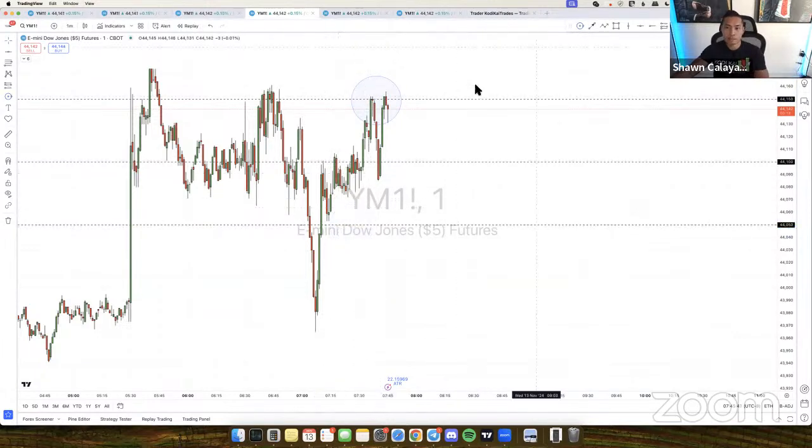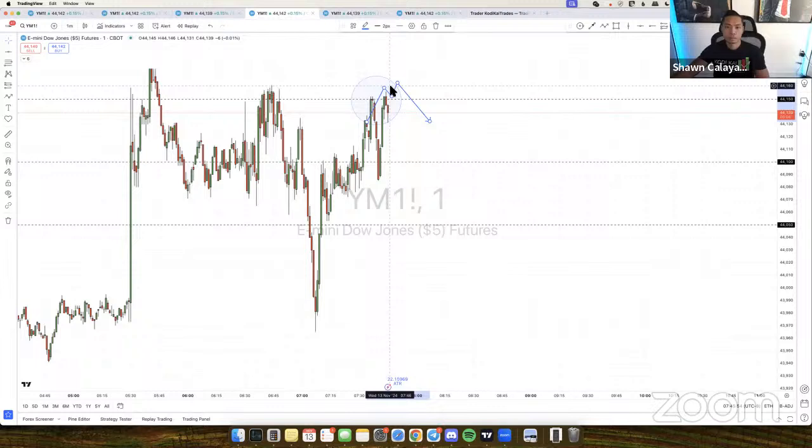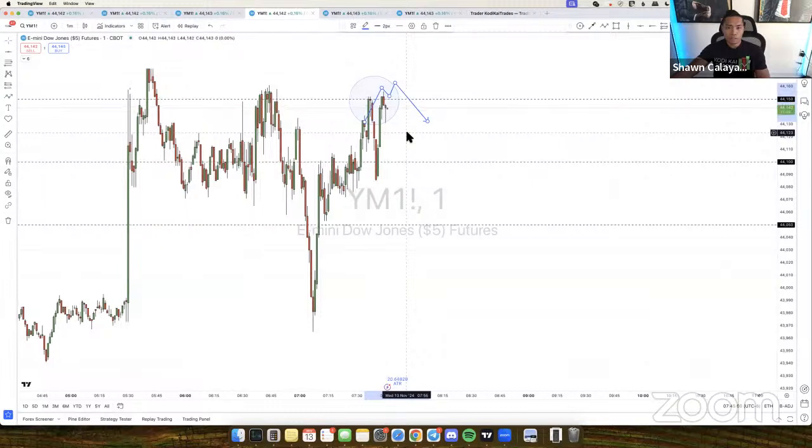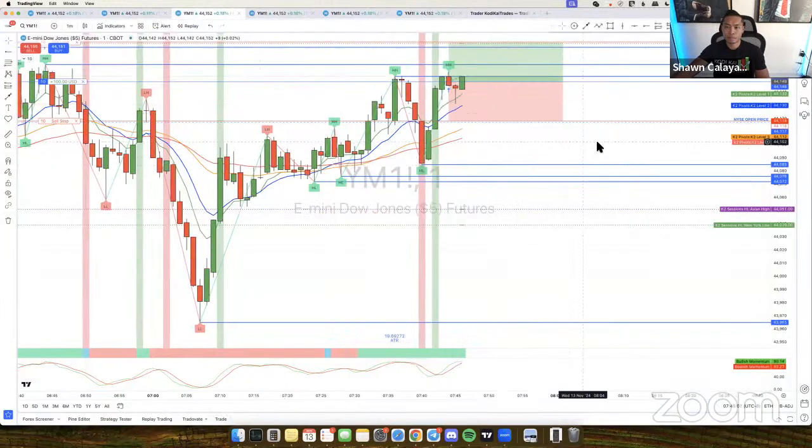I'm hoping price pushes past the range and then probably swings from up here. But this was kind of a bad entry. I should have looked at all the charts before I got into it. This would be considered more of a FOMO move, but it's all good. I'm already in it, so I'm just going to hold on to it at this point. Price is pushing up right there.